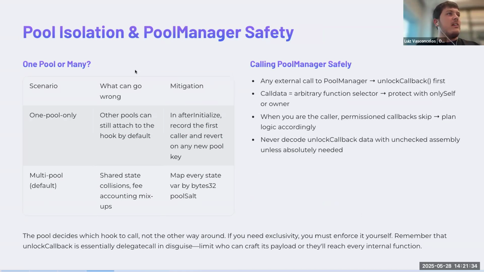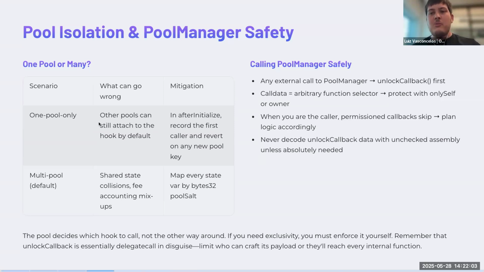So on this question, for example, one pool or many. What can go wrong is that if you want your hook to be used by only one pool, other pools can still attach that hook by default.